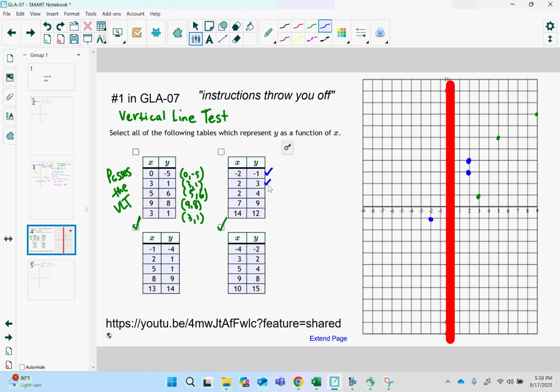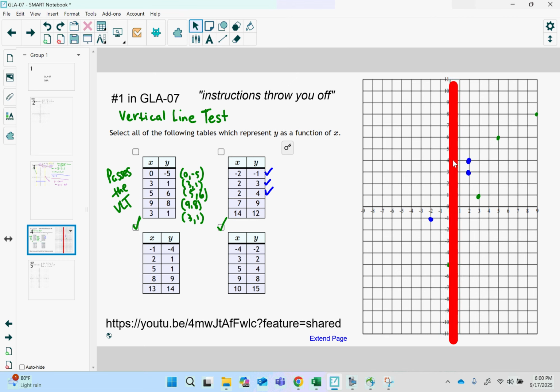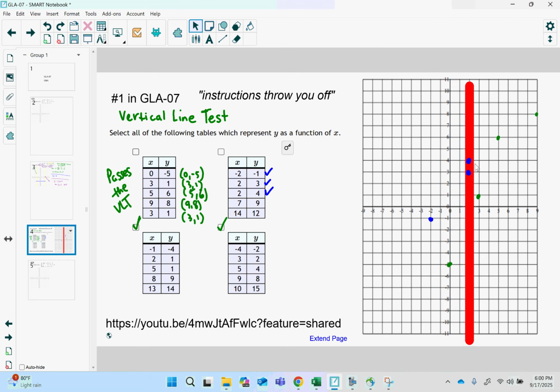I just did those first 3 points, and I've already found an instance where two of the points can lie on a vertical line at the same time. So this second table fails the vertical line test, right?